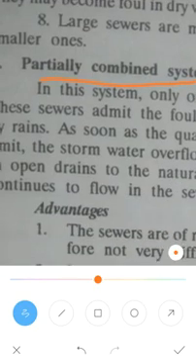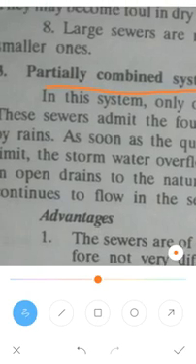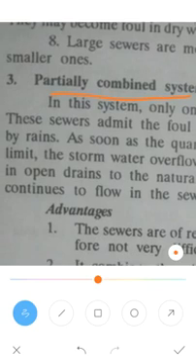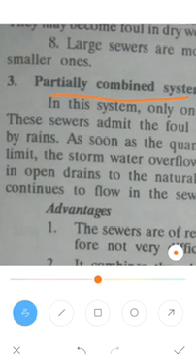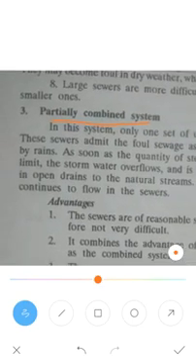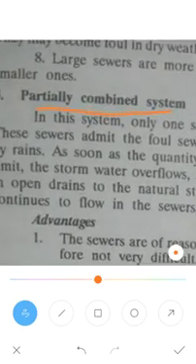In the financial aspect, sufficient funds are not available in the beginning. The sewers may be constructed to carry only the domestic sewage, while the rainwater may be conveyed to open drains, and these drains can be converted into regular sewers later when sufficient funds are available. So that's the financial aspect.